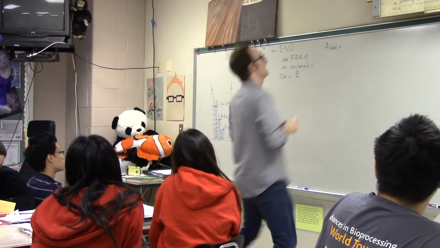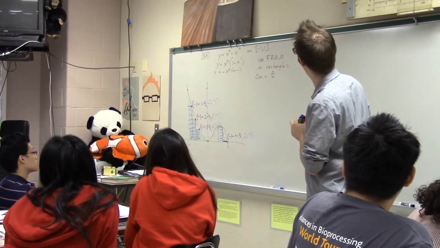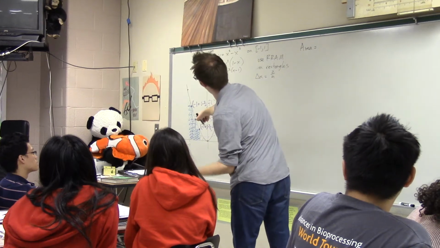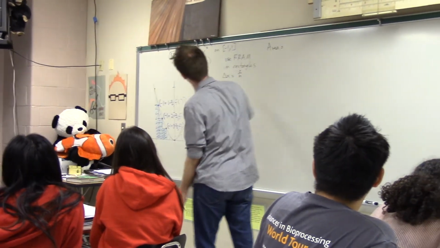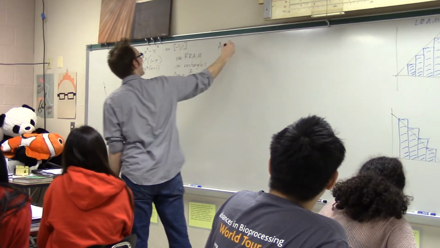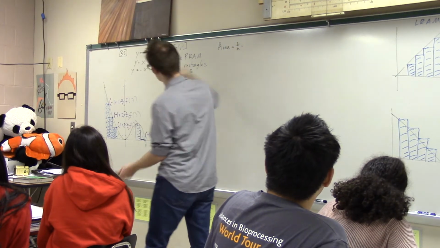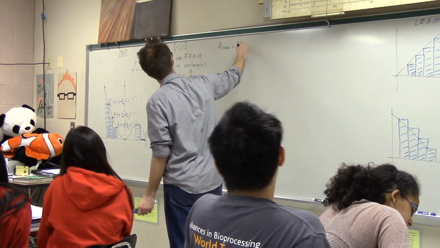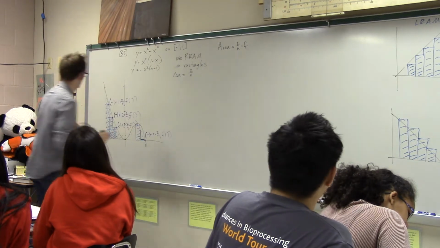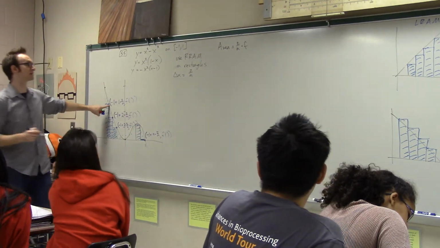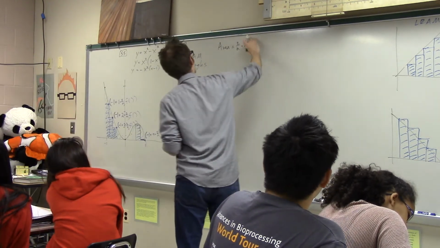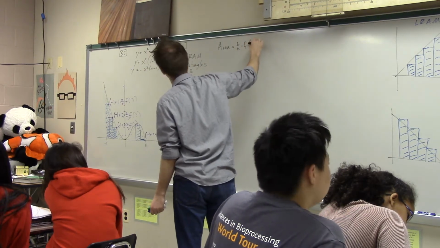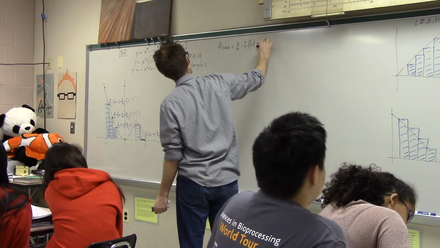Okay, let's do this problem. What is the area? I'll go a little bit faster now. The first rectangle is going to have width 2 over n and height, well, the height of the first rectangle is f of that point. In other words, it's going to be f of -1 plus 1 times 2 over n.